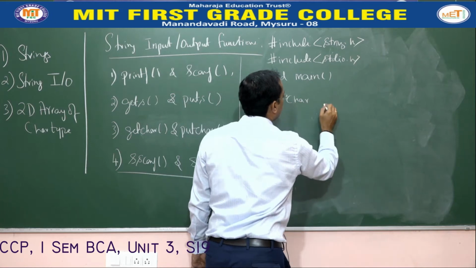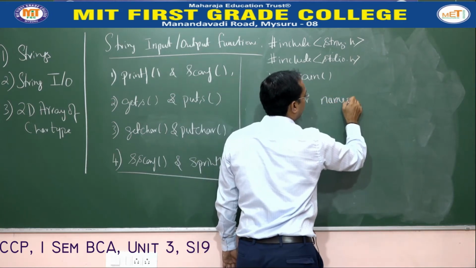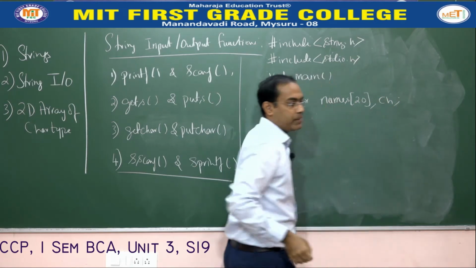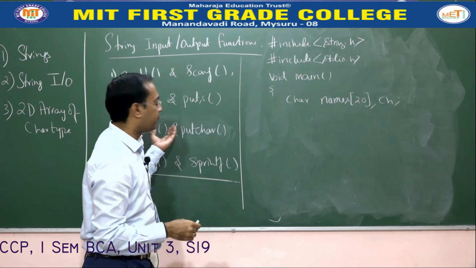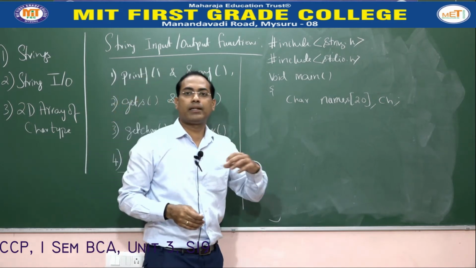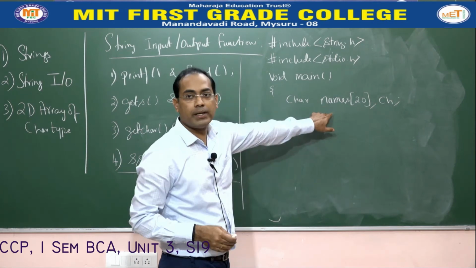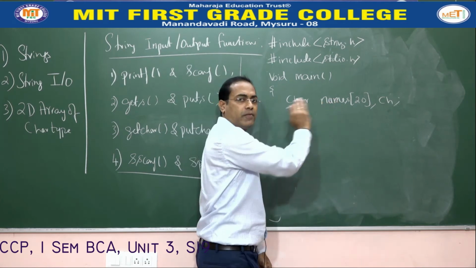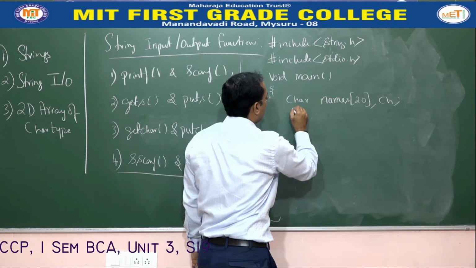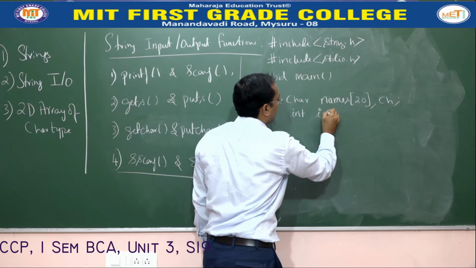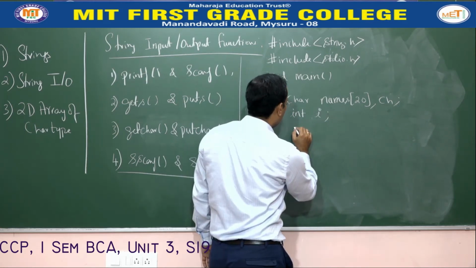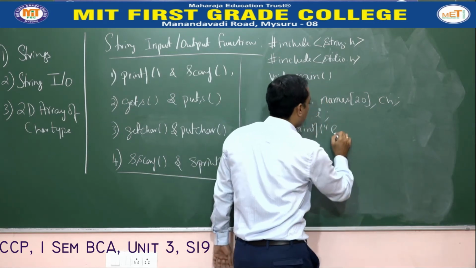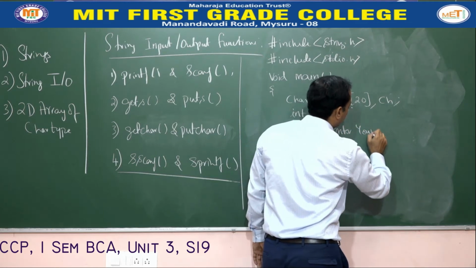First declare the variables, that is the string variable and one character variable. Why? Because getchar and putchar accept one character, so we are going to assign it one by one using the single character variable to the array of characters. We have to declare one integer variable called i. Now we have to give a printf output statement to the user, enter your name.